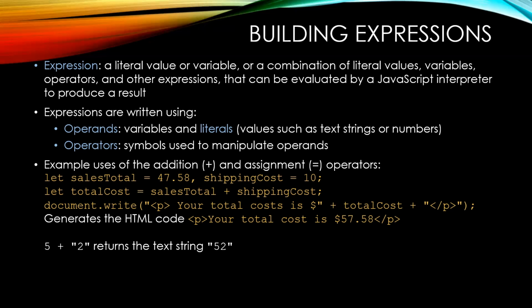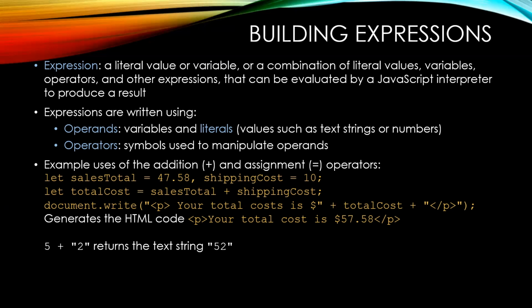Now, if we are to do an expression where a portion of it is numeric and a portion of it is string. So for example, down here at the bottom, we have a numeric 5 plus a string value of 2. What this is going to do is it's actually going to convert the 5 to a string, and it's going to give a value of a string 5, 2.